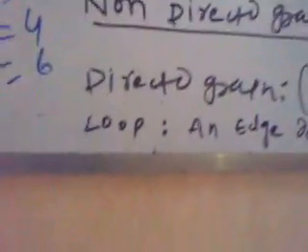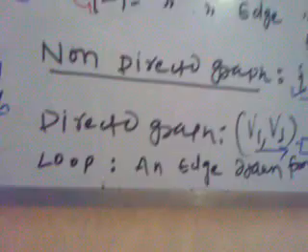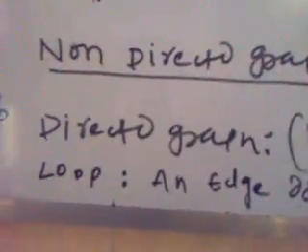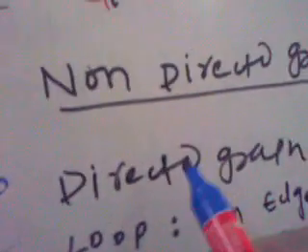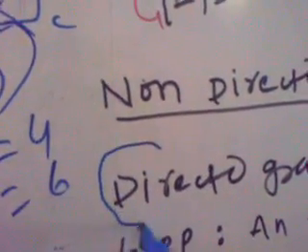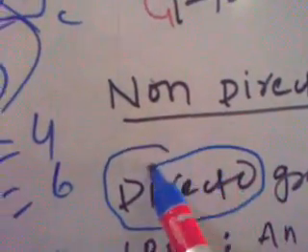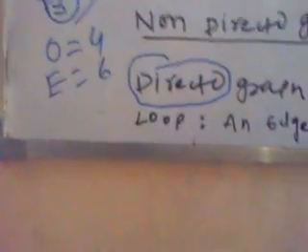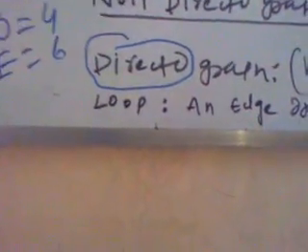As the name suggests, directed means that you must say in which direction you want to go. So in a directed graph, direction is always mandatory.